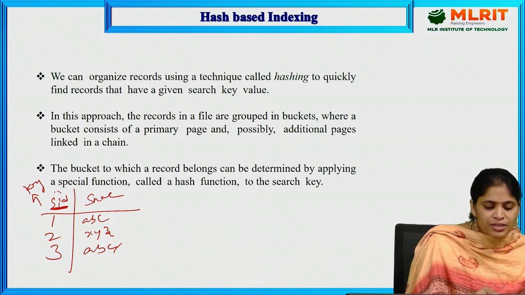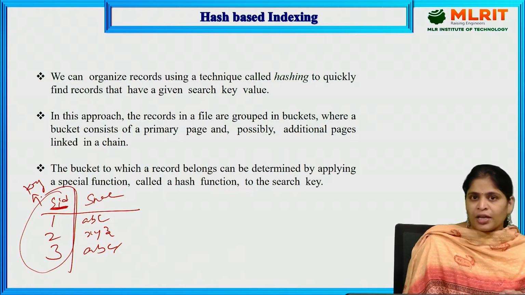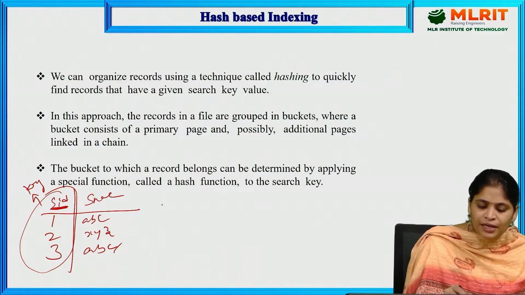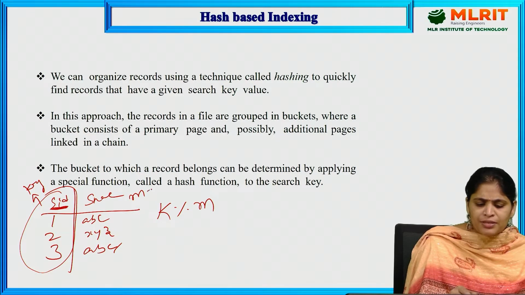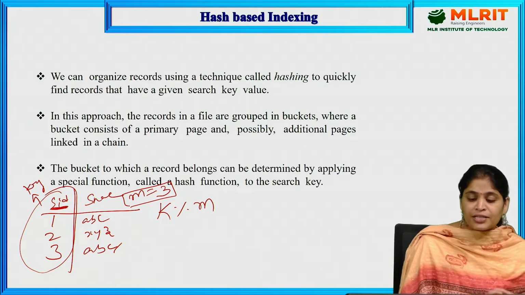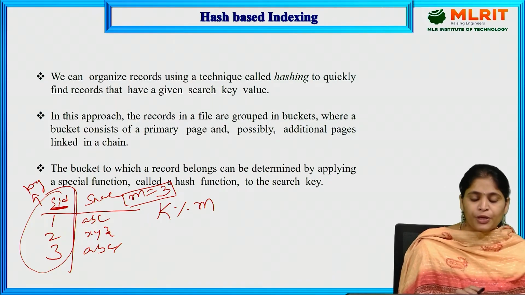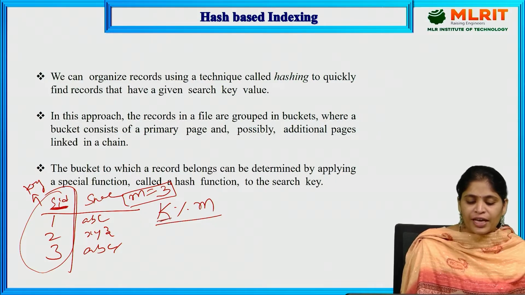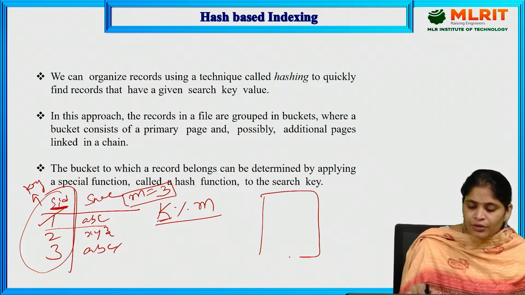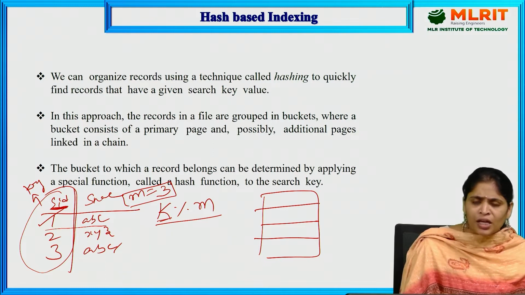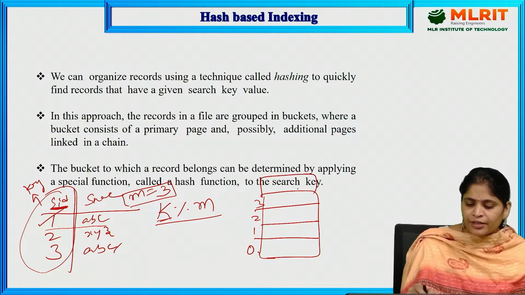By considering this key attribute, I can generate an index value. Let us suppose this is my hash function, k modulo m, where m is equal to 3, and k is the key attribute SID. Let us find out where to keep the records. These are the data buckets, numbered 0, 1, 2, 3, 4, like that.